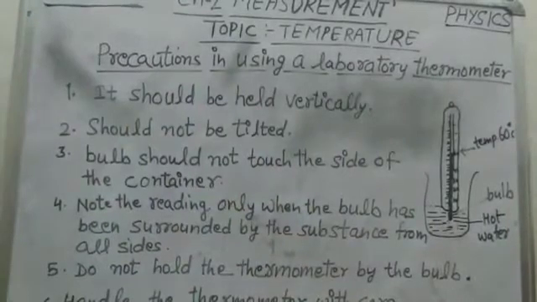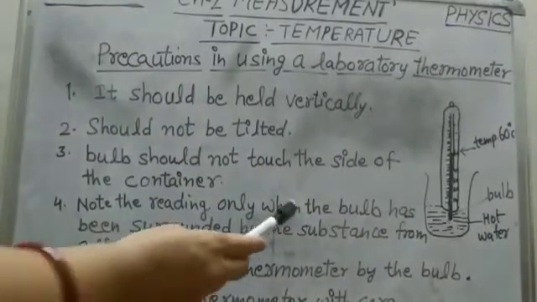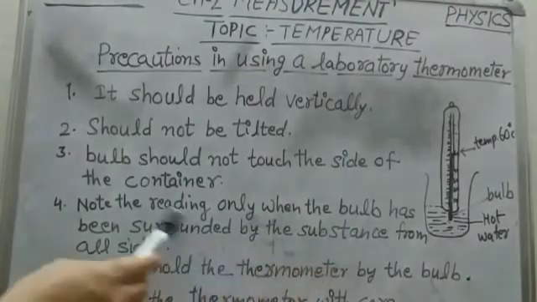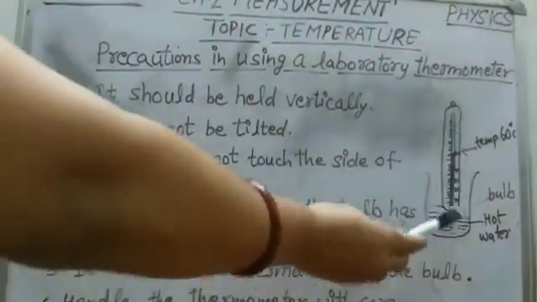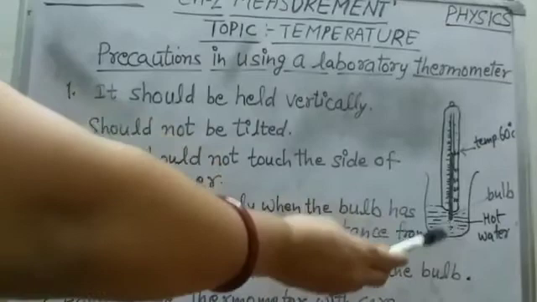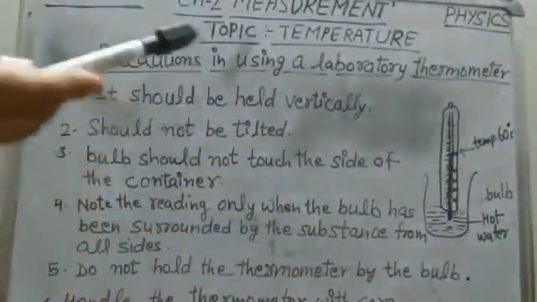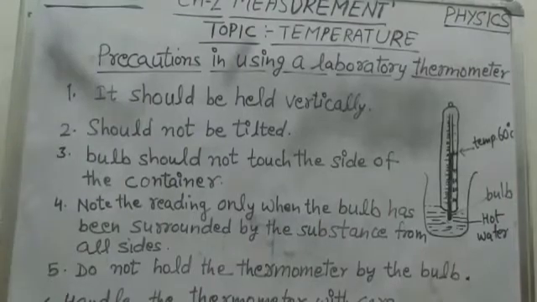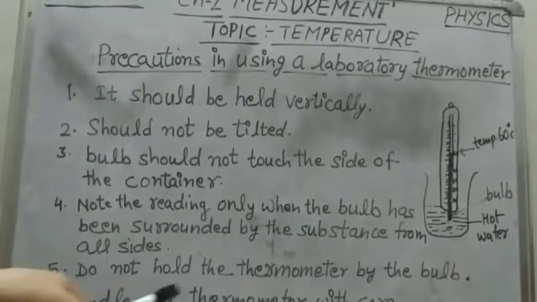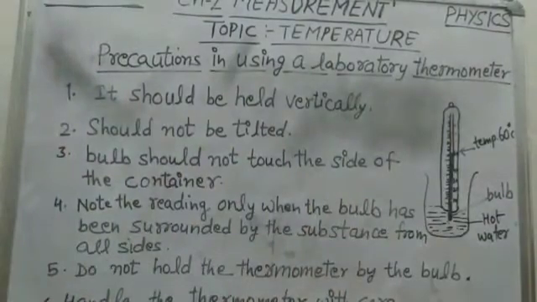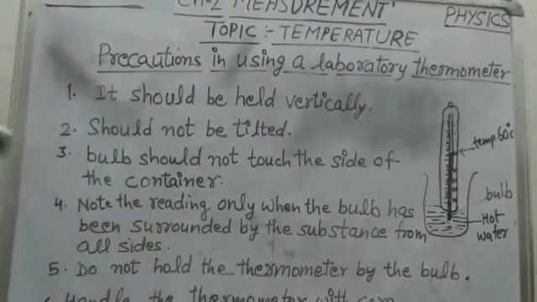Number 4, note the reading only when the bulb is surrounded by the substance from all sides. Like this, it should be in touch with the substance whose temperature we are measuring. Number 5, do not hold the thermometer by the bulb. And number 6, handle the thermometer with care.